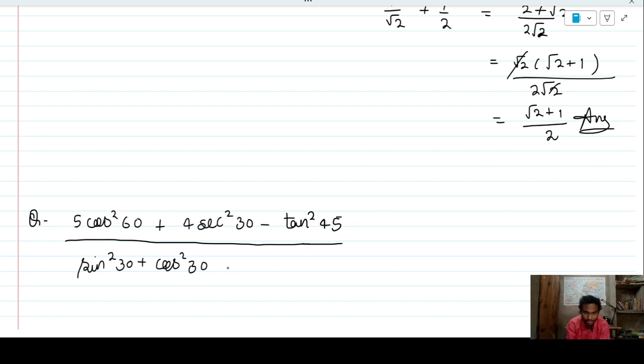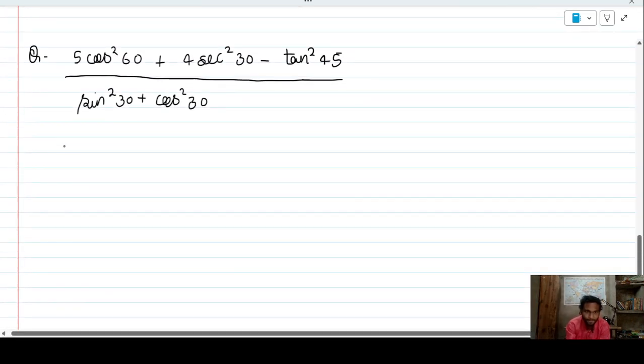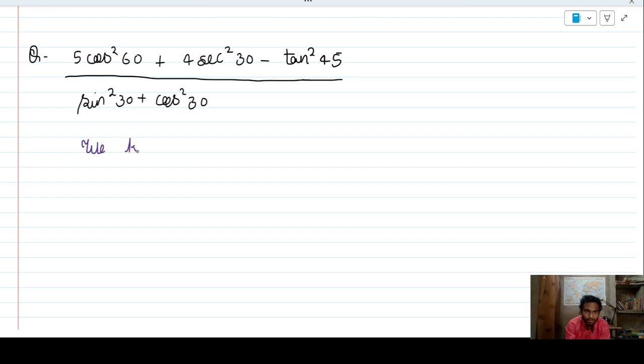We know that sin squared theta plus cos squared theta equal to 1 is clearly true for any angle theta. If theta equals 30, then also this value is 1. Then we solve the problem here.